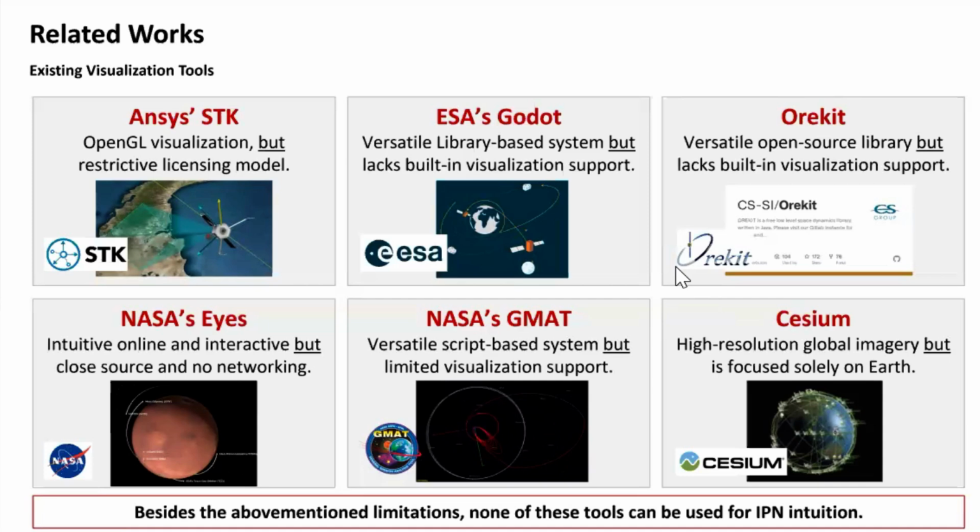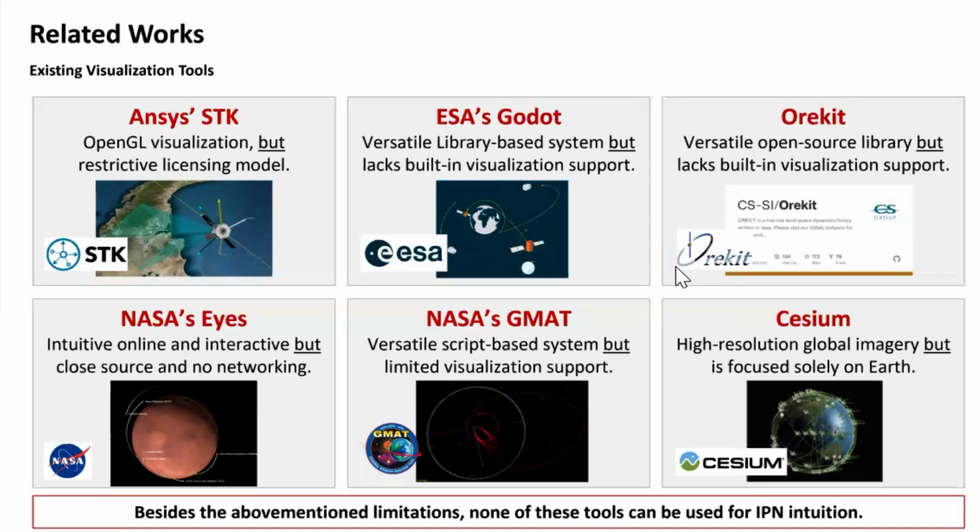The issue about STK is mostly that it's licensed, and it's quite an expensive license. This makes things complicated for researchers and small companies to access this tool. So STK is the state of the art, but at the same time, it's very limited in terms of access if we don't have a big pocket.